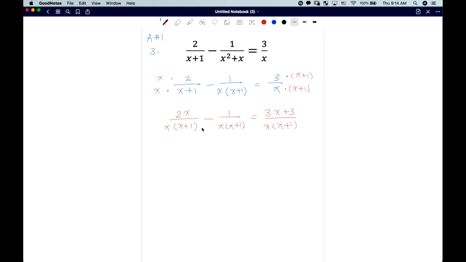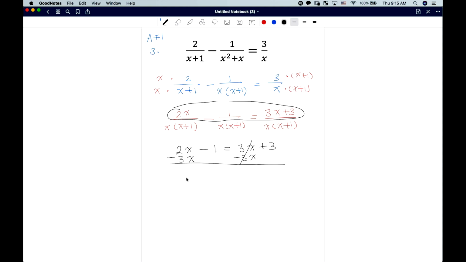And if you notice, all of our denominators are the same. That means I only have to worry about my numerators. So that's 2x minus 1 equals 3x plus 3. And you just solve for x.